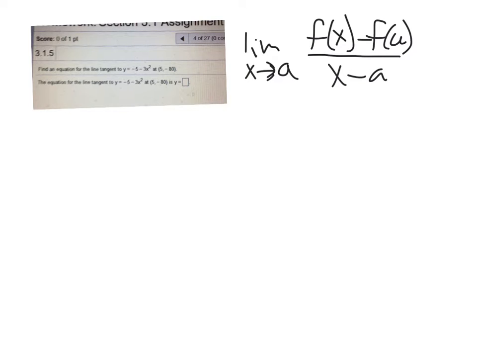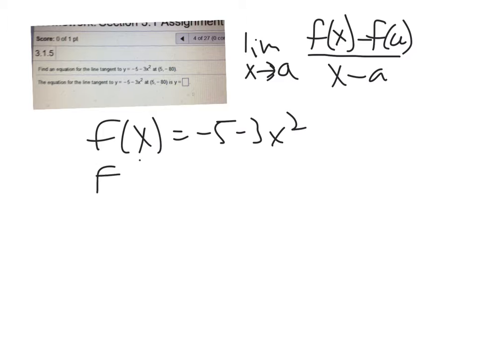So I've got this function. I know f of x equals negative 5 minus 3x squared, and I know that f of a is negative 5 minus 3 times a squared, just replacing the x with the a. Now let's plug this in. This is y2, this is y1, the way I've got this set up, over x2 minus x1.